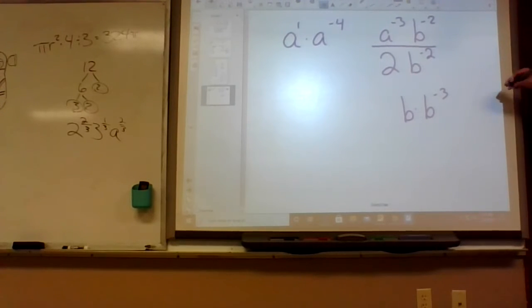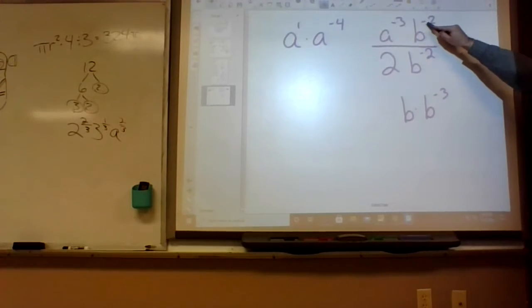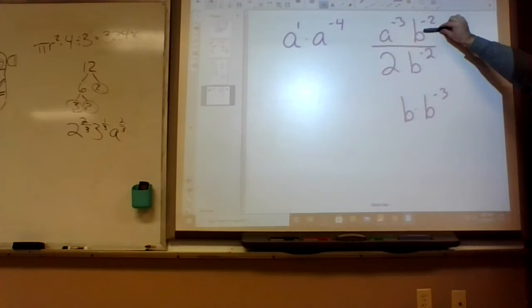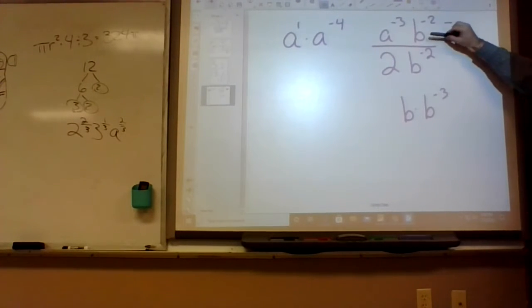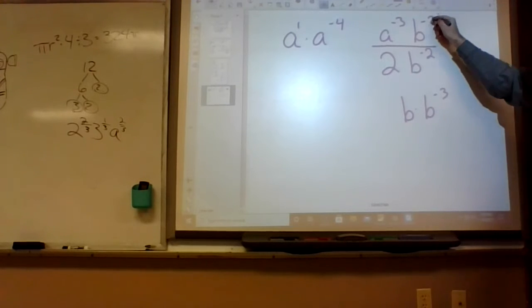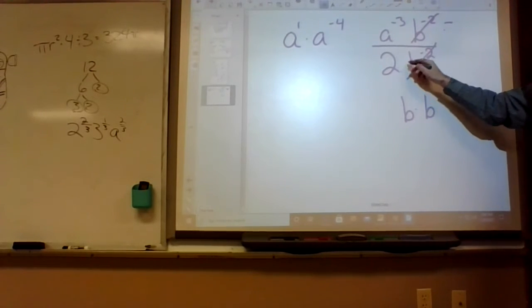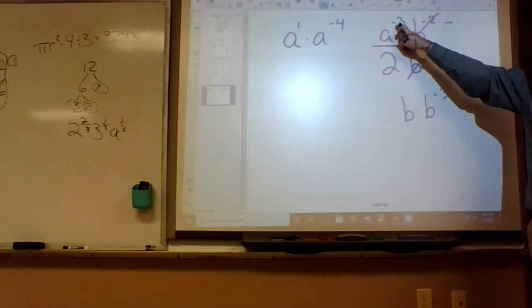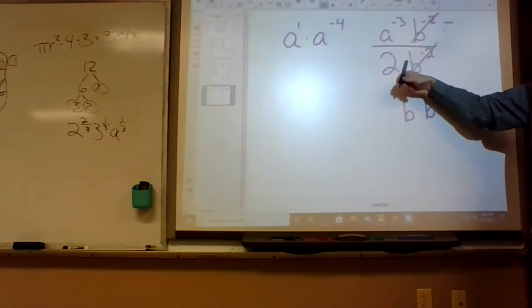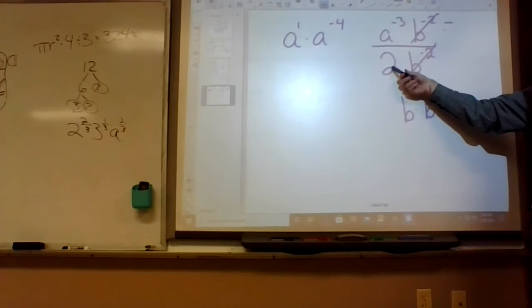Okay, I got some problems here. First of all, I have negative exponents. Also, I have b's on top and bottom. Those can simplify. What's b to the negative 2 divided by b to the negative 2? Cancels out. So it's just 2 over a to the 3. Not quite, you're close. Is the 2 going to go to the top?